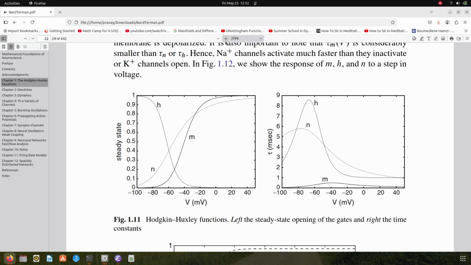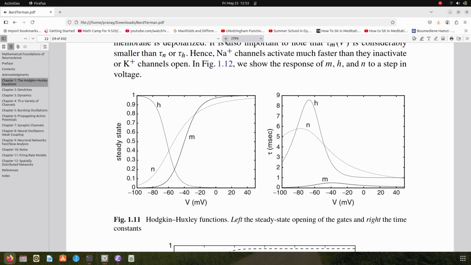Let's recall that m dot is equal to alpha times (1 minus m) minus beta m. I can write this as alpha minus (alpha plus beta) m. I can even pull out alpha plus beta, so this is (alpha plus beta) times (alpha over alpha plus beta minus m).